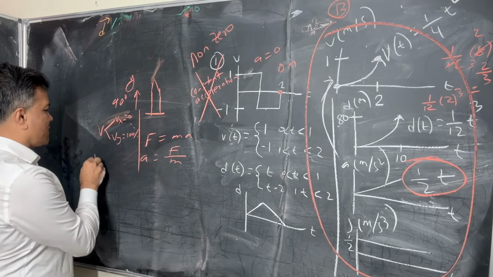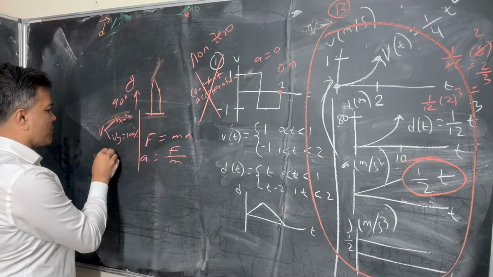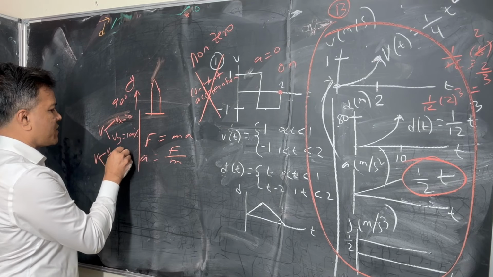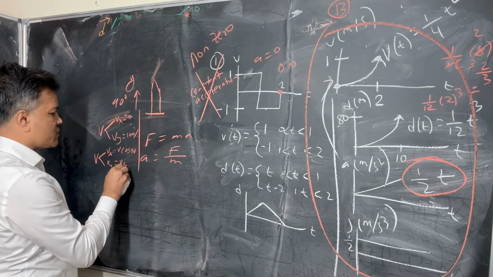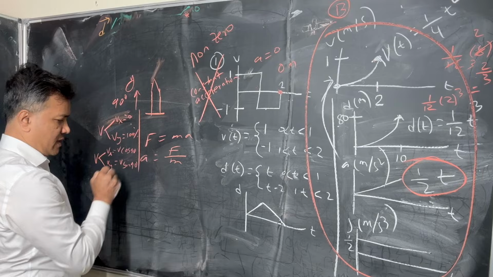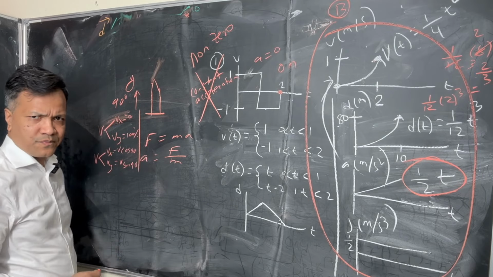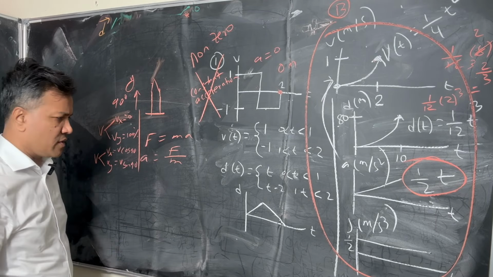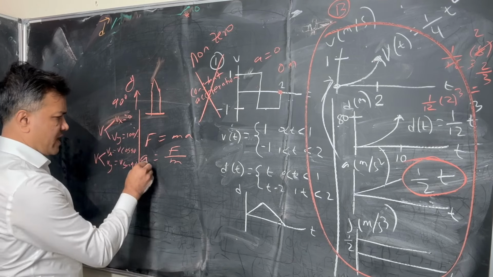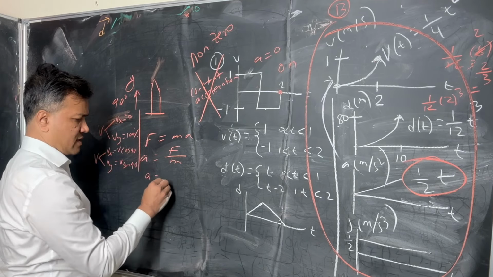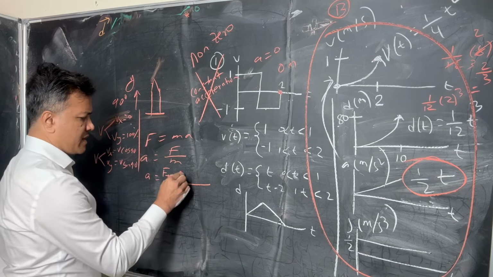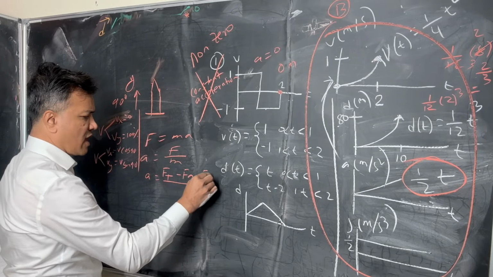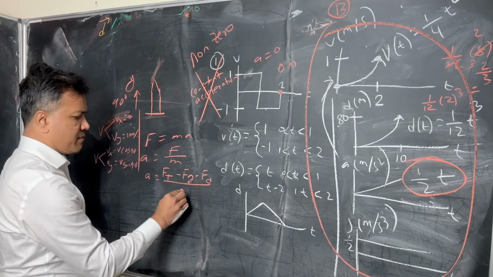Another way of saying that, Vx is V cosine theta and Vy is V sine theta. And in this case, theta is 90 degrees, so x is going to be 0 and y is going to be 100%. Now, the acceleration of the rocket is F thrust minus Fg minus F drag over m.